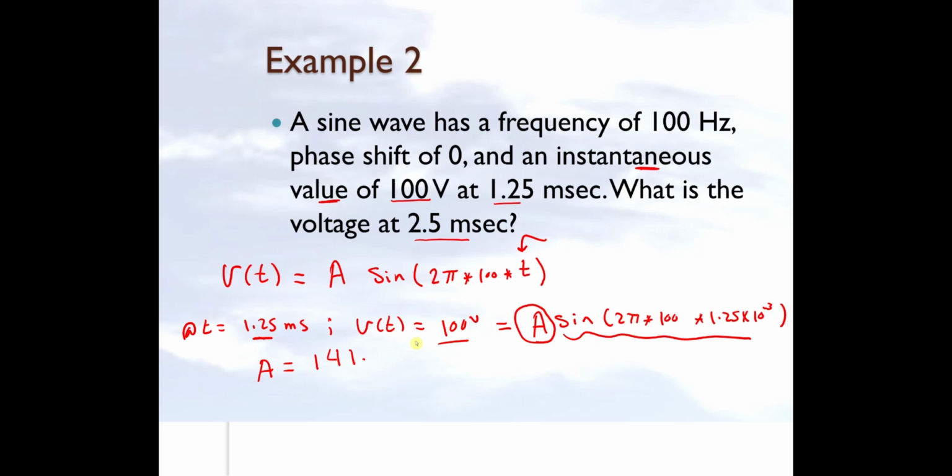So far so good. Finally, now we can obtain the value of the signal at t equal to 2.5 milliseconds.